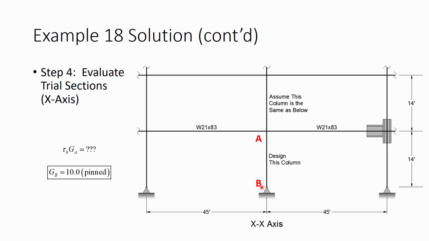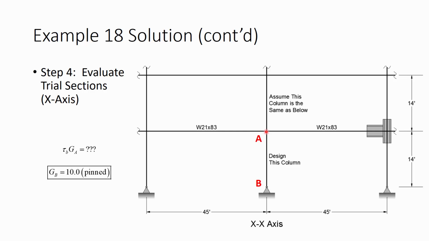Now remember, what we're going to do is compute a G value, and then compute tau, our inelastic stiffness reduction factor. When we go into our alignment chart, we're not going to go in with G, we're going to go in with tau times G. So for the upper joint on the column, we're going to be computing tau and G and going into the chart with that. However, for the pin support, we just go in with G. You don't apply tau factors to support conditions because there's really no inelasticity associated with a fixed support or a pin support.